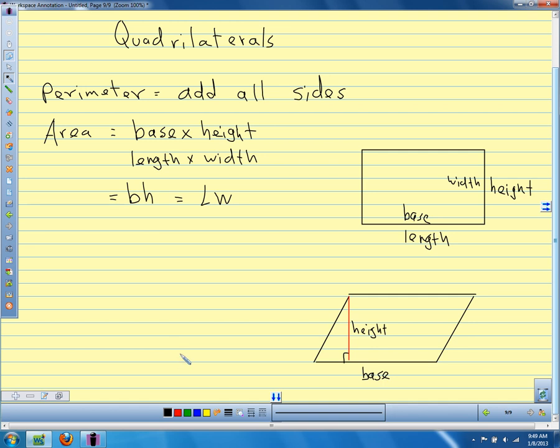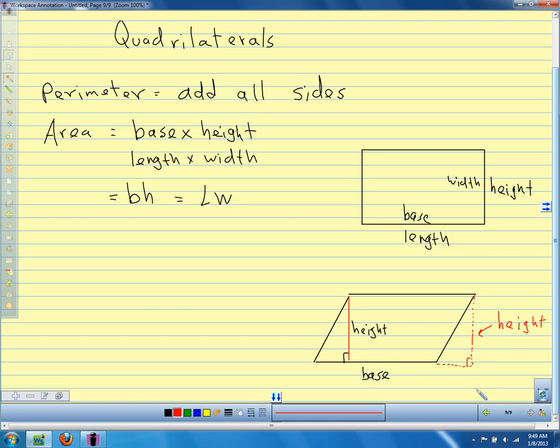One important thing to remember with a parallelogram is I can find the height outside the parallelogram. So this little red dotted line is going to be the height also. The height doesn't necessarily have to be inside the parallelogram, as long as it makes a 90-degree angle with the line that comes from the base.